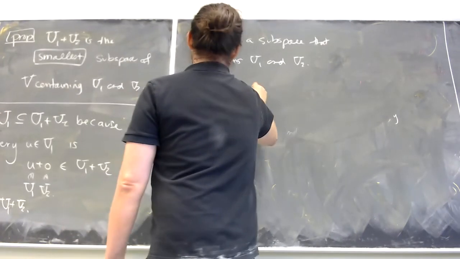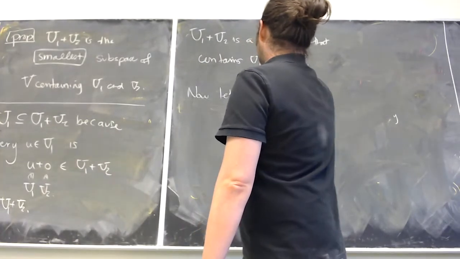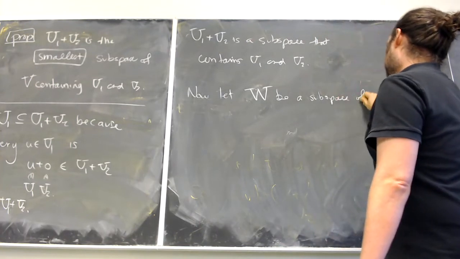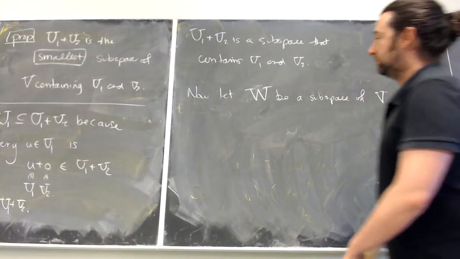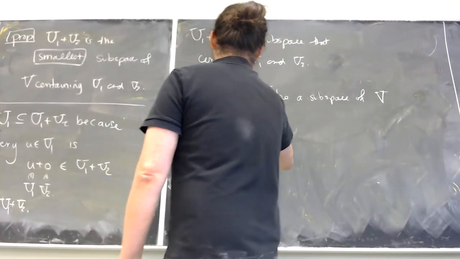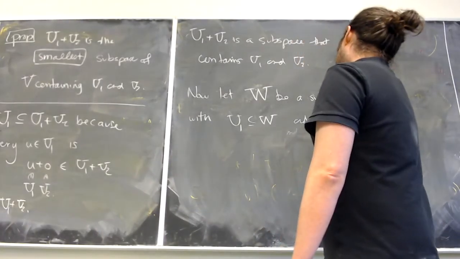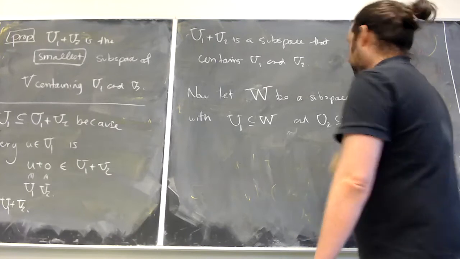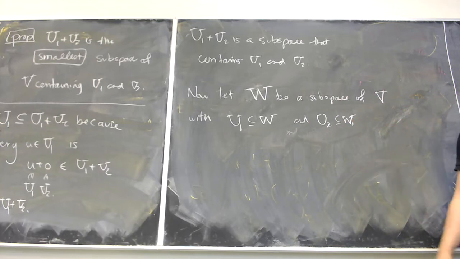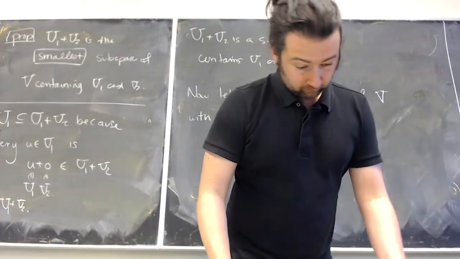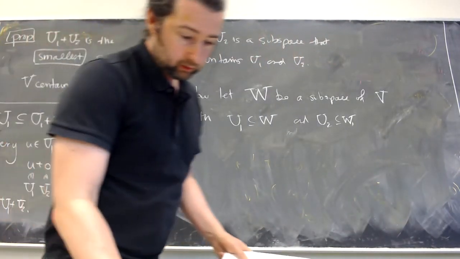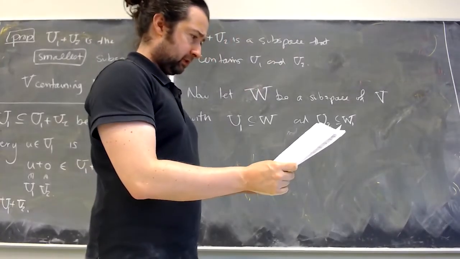Now let, I guess we get a different letter here, W, be a subspace of V with U1 living inside of W and U2 living inside of W. Makes sense? I'm picking an arbitrary subspace now that contains U1 and U2. I'm going to show that the sum also lives inside W. All right, there's my smallest argument here.